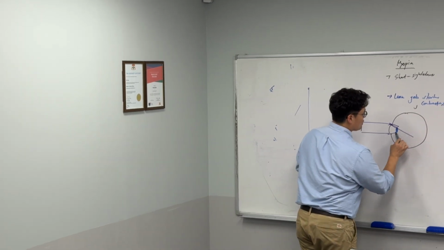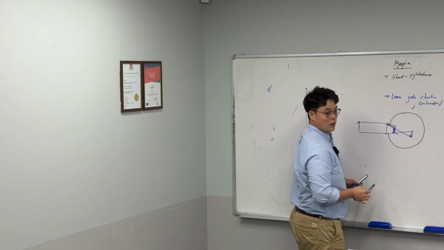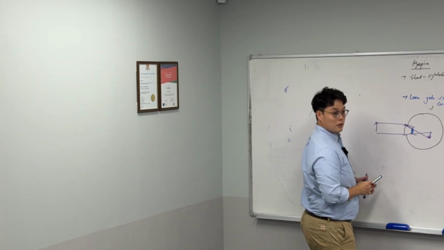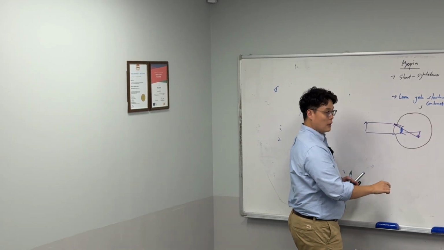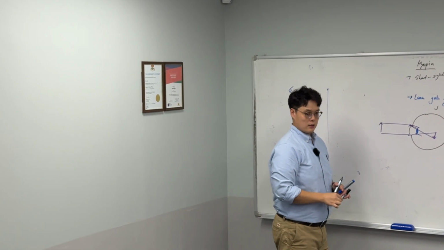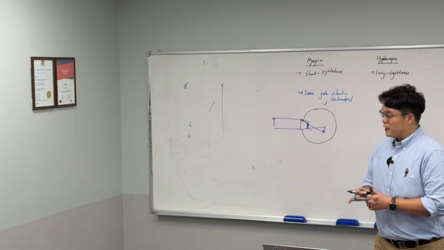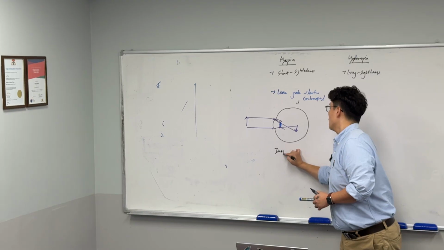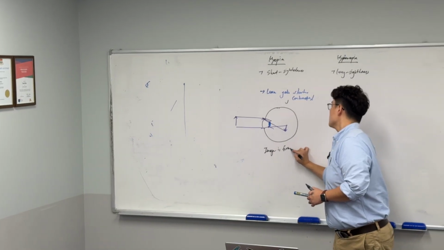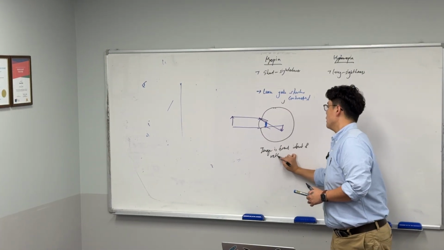The image will be formed over here, even before it hits the retina. Due to the shortened lens, the image will form in front. We describe that as the image being formed in front of the retina.